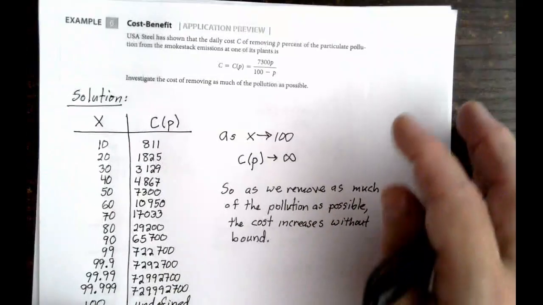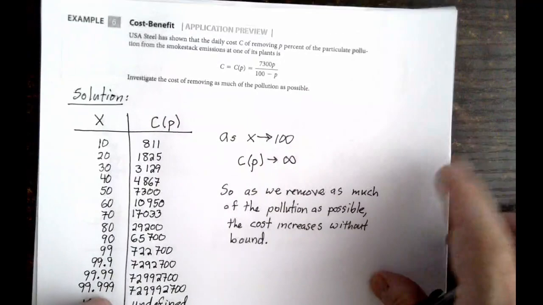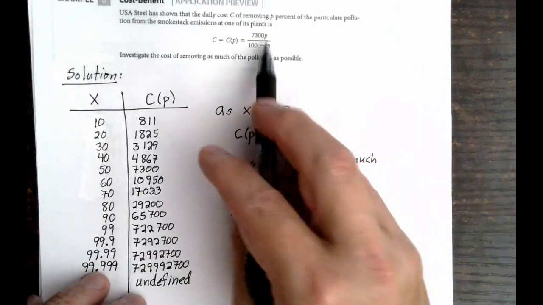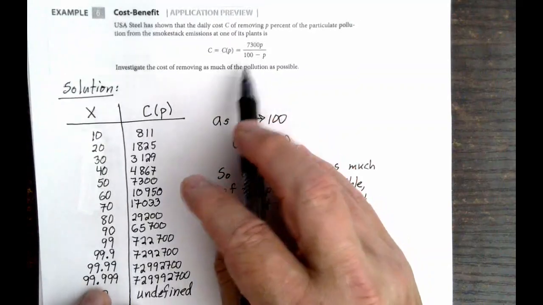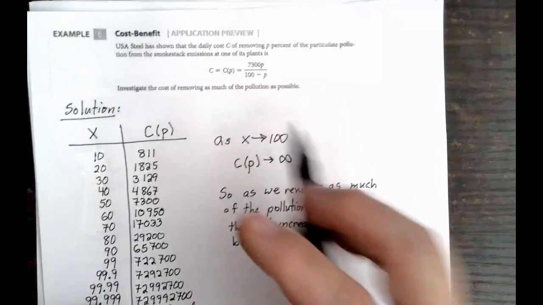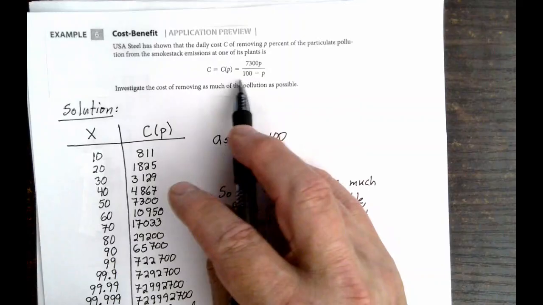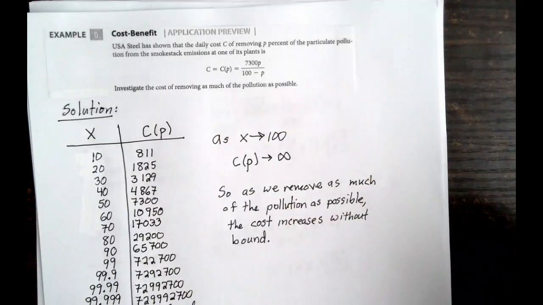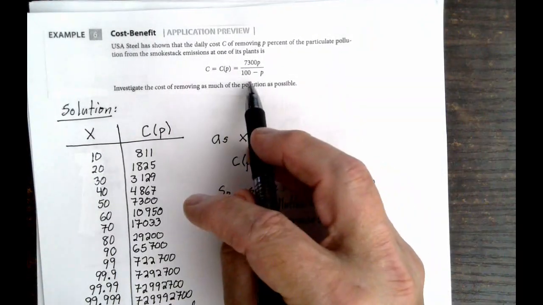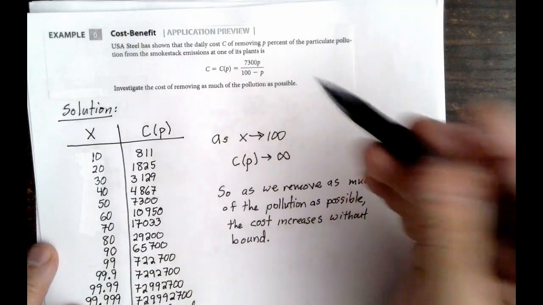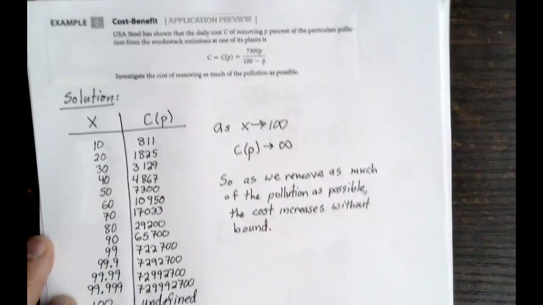So example 6 talks about removing pollution from the emissions of a smokestack. If you look at this problem, if you approach 100, as in 100%, you're going to be dividing by 0 because P is the percentage of the particulates you want to remove from the smokestack.